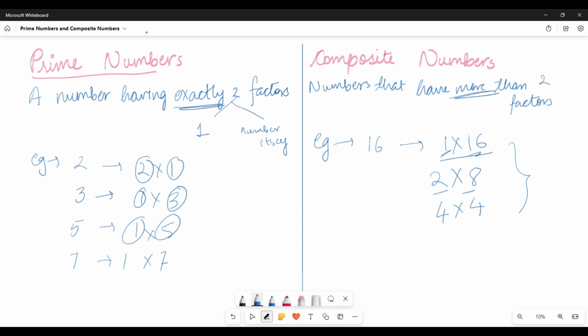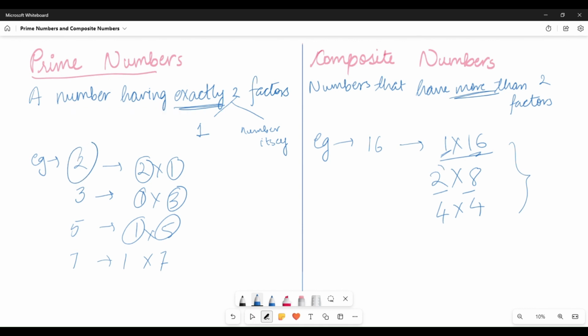Similarly, 18 is also composite. All the even numbers are composite except 2. Except the number 2, all the even numbers are composite numbers. That's something to note because all the even numbers have one factor which is 2.